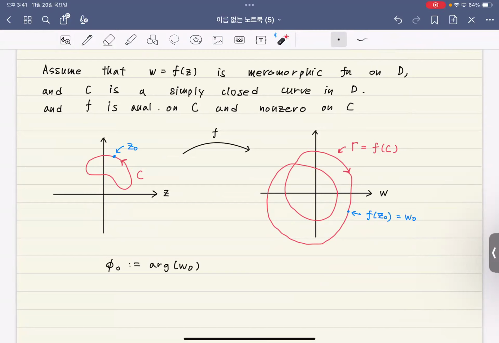But you just choose any number you like. Once you have chosen phi 0, your argument will also change as you travel along this image curve, and eventually, when you end up at the starting point, you are going to get another number as your argument.